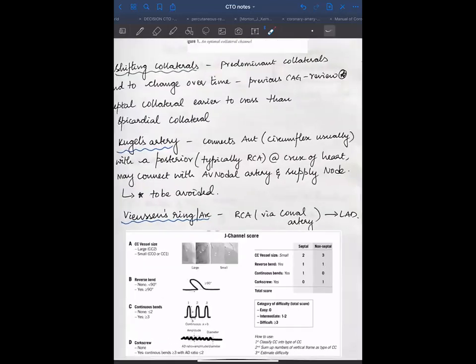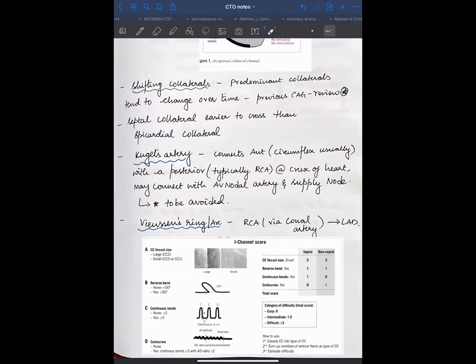There is something called the J-channel score, which essentially tells us how easy or difficult it would be to cross the collaterals. It talks about what I have just mentioned: if there is a small collateral, you give 1 point. Depending on septal and non-septal, the scoring differs. If there is a reverse bend, as we have seen, it would complicate the case.